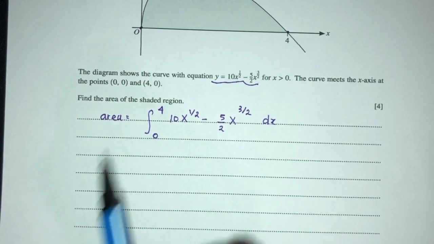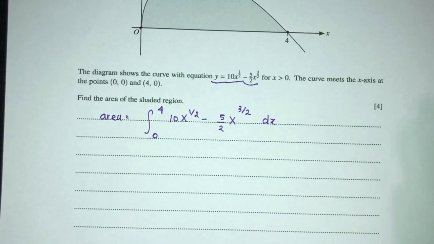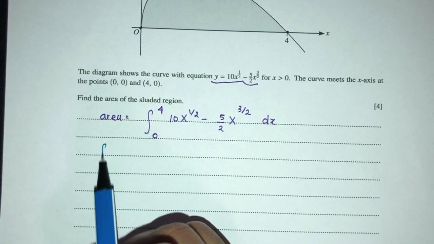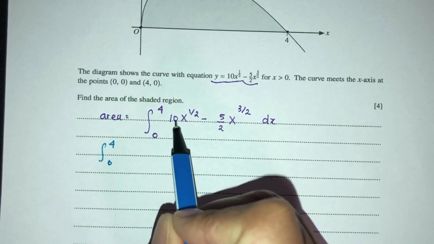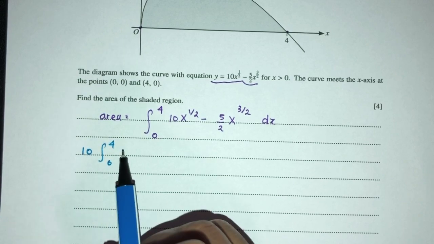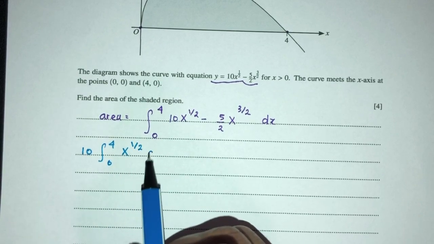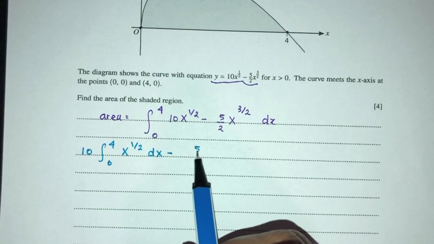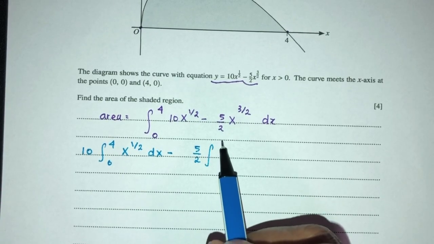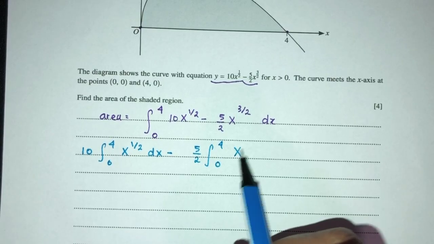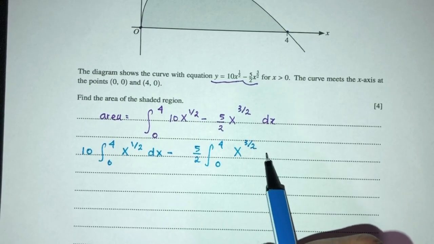There's no need to rush. Now, to make your life easy, let me break it down into 2 parts. The first one is integration of 4, 0. I can leave 10 outside. It's only a multiple, x power half. Then minus 5 over 2 outside, integration of 4, 0, x power 3 over 2 dx.